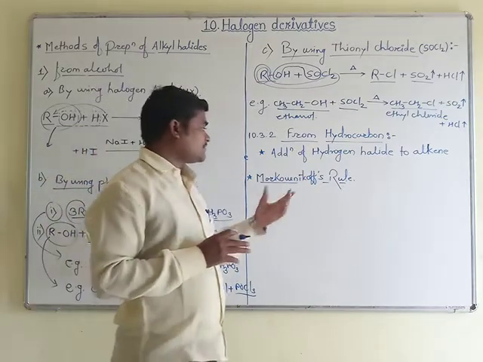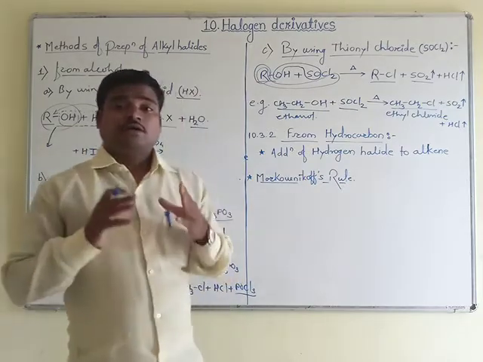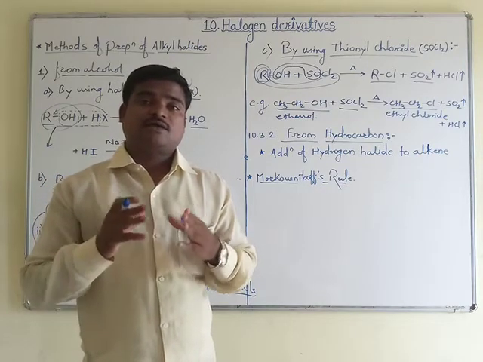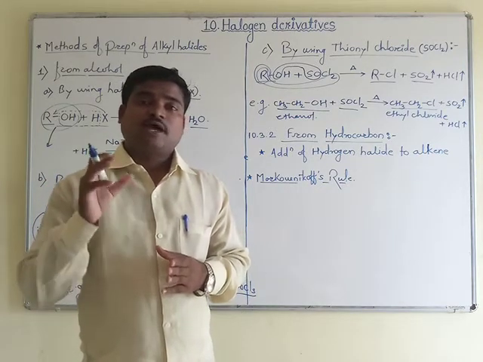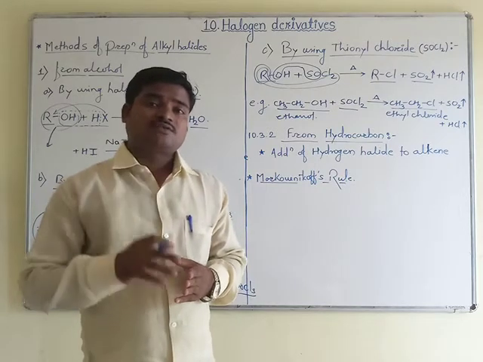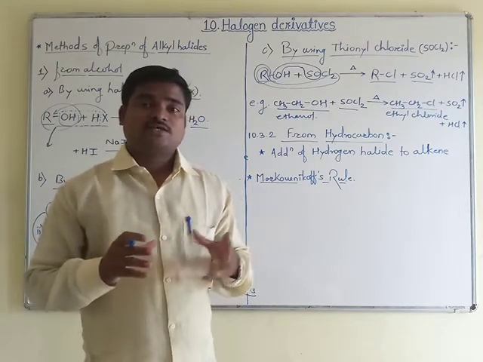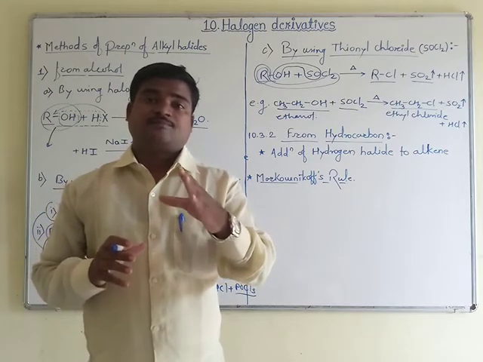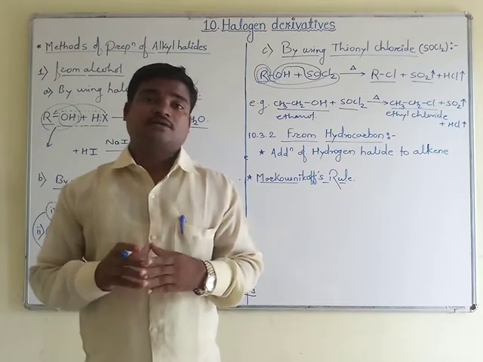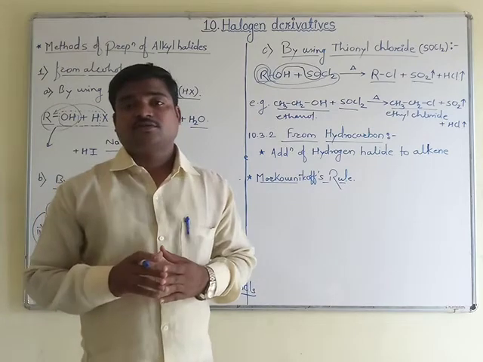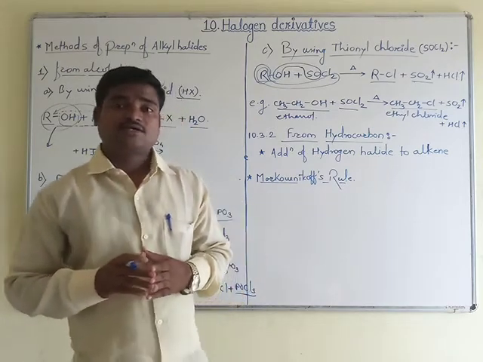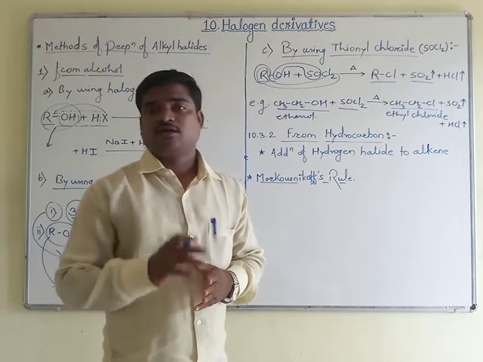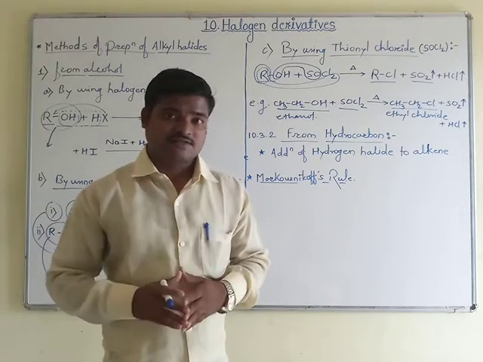We can state this rule like this: whenever halo acid reacts with an asymmetric alkene, the addition will take place according to this rule, that is, the negative part of the reagent goes to that part where the hydrogen atoms are less.